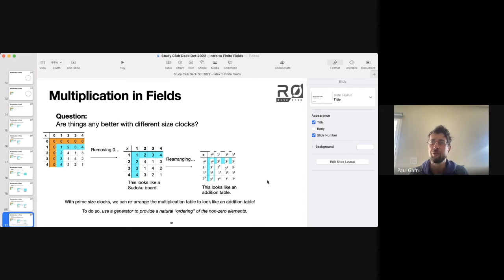If you're looking at, say, the clock with 47 elements, off the top of my head, I don't have a clear answer to what's going to be the generator for that field. But it's not too hard to brute force find a generator or ask Wolfram Alpha to find a generator for you.